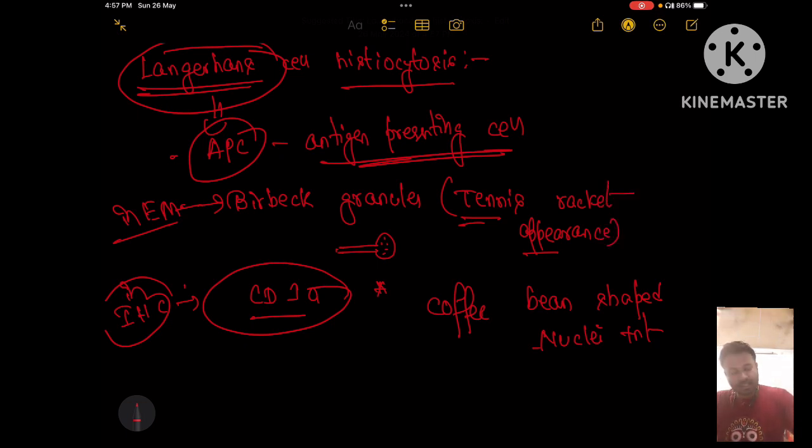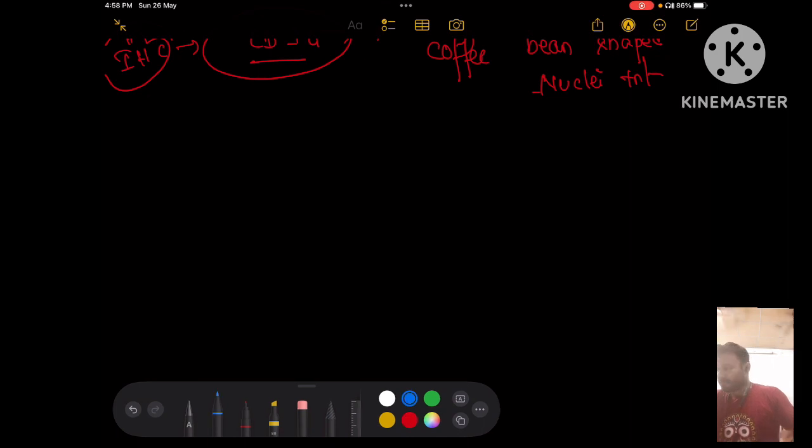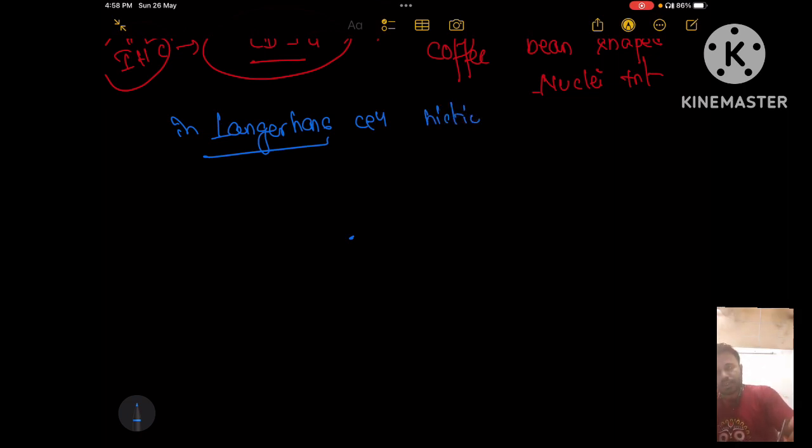And in Langerhans cell histiocytosis, we can see vertebra plana.